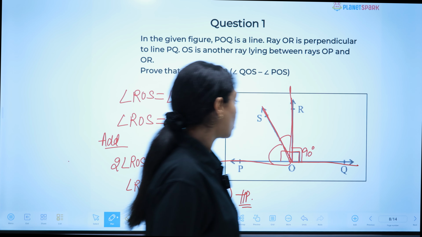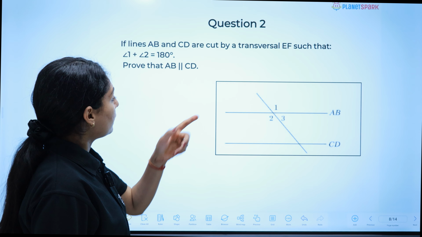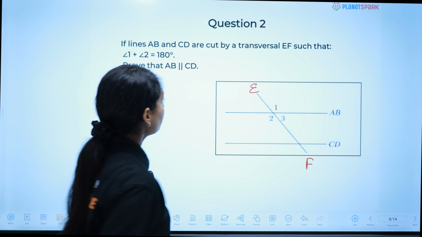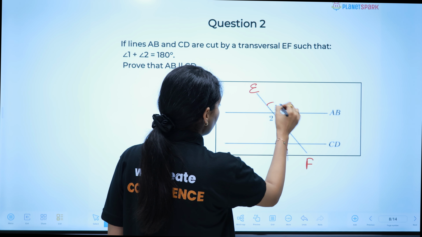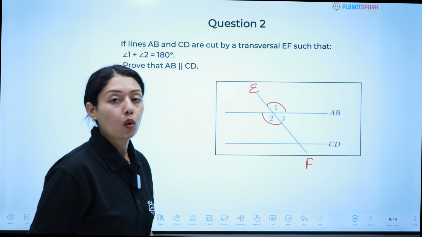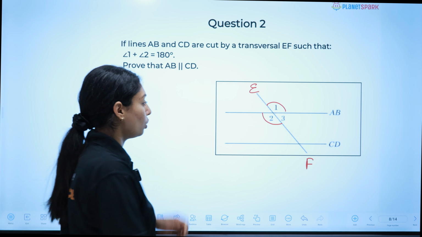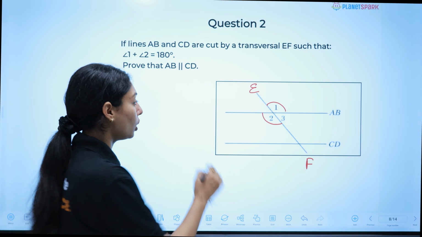चलिए जी, next question. If lines AB and CD are cut by a transversal EF, let's say this is EF, such that angle 1 plus angle 2 is equal to 180. इन दोनों का sum क्या है? 180 degree. Prove that AB is parallel to CD. Okay, इन दोनों का sum है 180. They are vertically opposite angles, so they will be equal also.